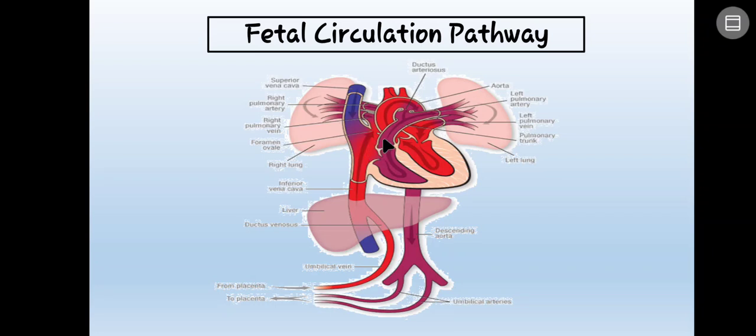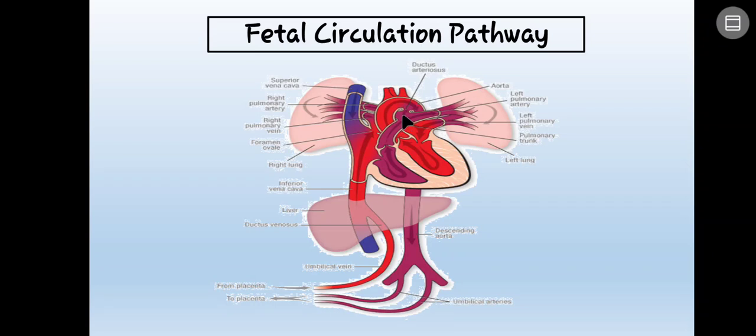Now, per chance, let's assume that the blood in the right atrium is supposed to move directly into the left atrium through the foramen ovale, but some have entered the right ventricle, which is possible or which will usually occur. If that should happen, the blood that has moved from the right atrium of the fetal circulation to the right ventricle will move into the pulmonary artery.